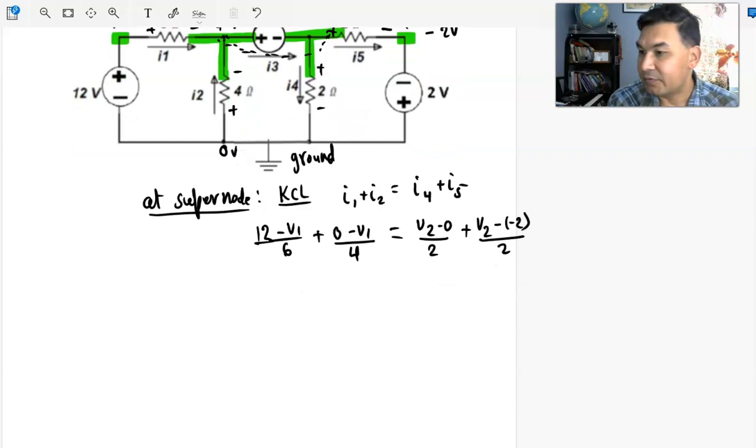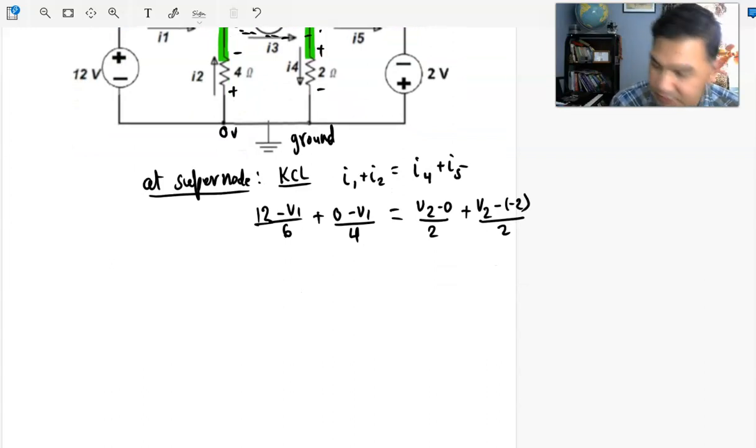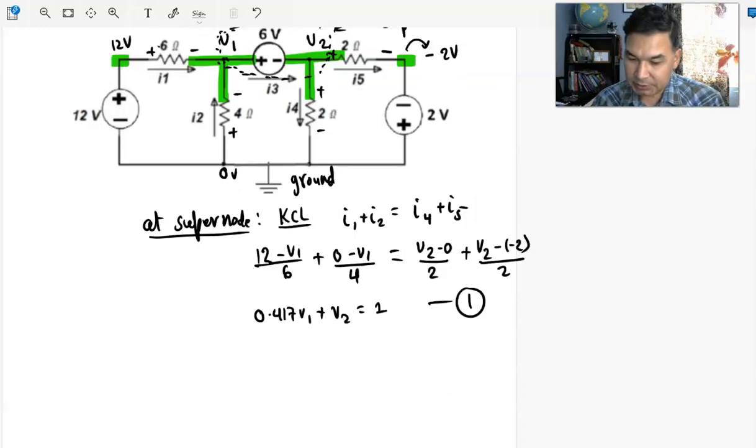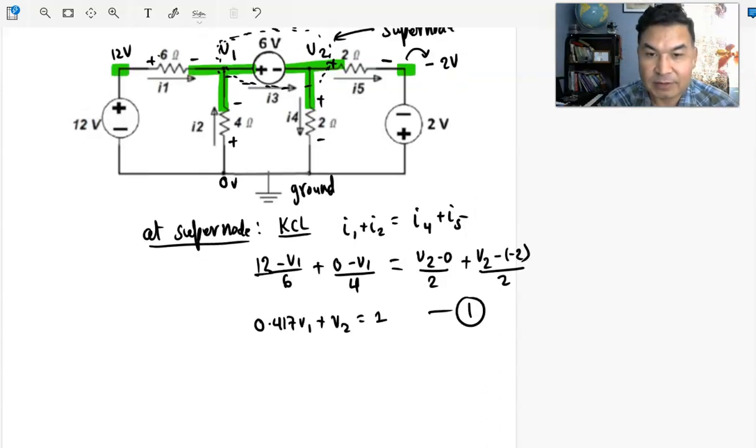And now simplify that. Once you simplify this, I'm just going to write down my simplified equation. This is what I got in decimal places. So this is my equation number 1. Since you have two unknown variables V1 and V2, you need one more equation to solve this problem.